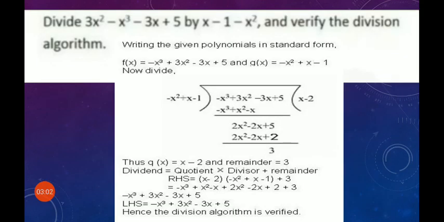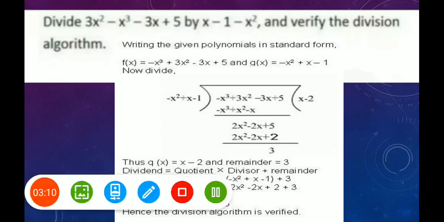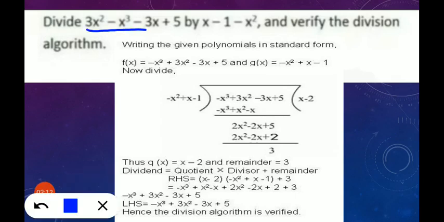Okay, now move towards the question. The question says: divide 3x square minus x cube minus 3x plus 5 by x minus 1 minus x square, and verify by division algorithm. In the previous class, we have learned how to divide two polynomials.